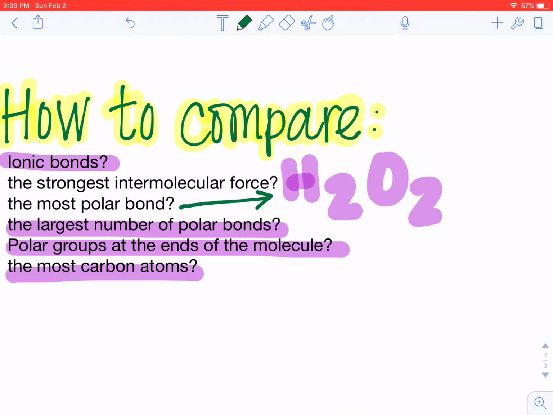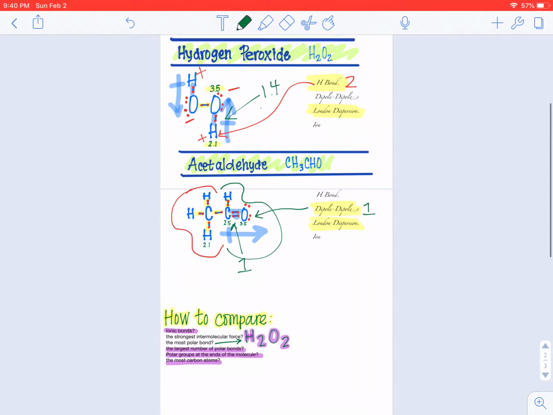So our hypothesis is that if we boil these two, acetaldehyde will have a lower boiling point. It's going to break apart from its neighboring molecules much sooner than hydrogen peroxide would. So let's go over into the lab and see if that actually proves to be true.